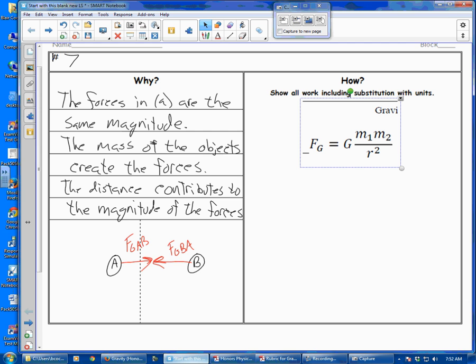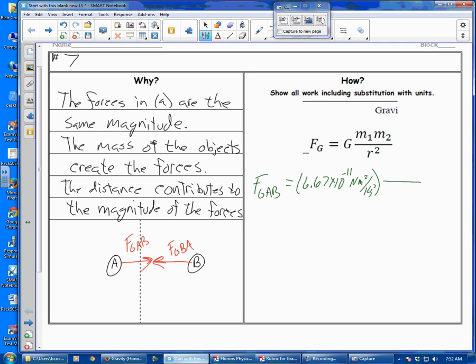We're looking for F sub g, so F_g equals big G, which on our equation sheet is 6.67 times 10 to the negative 11 newton meter squared per kilogram squared, over... I should move all of that over here.